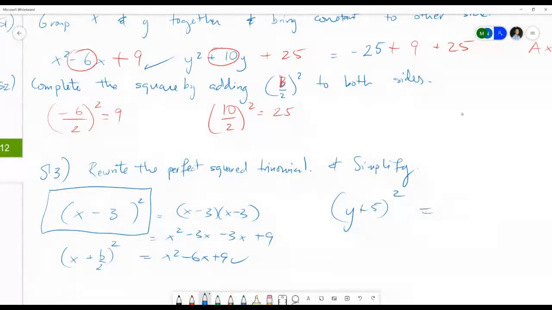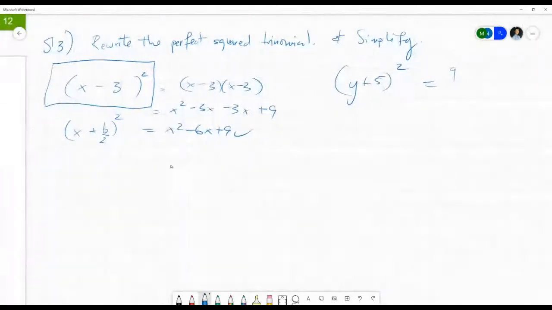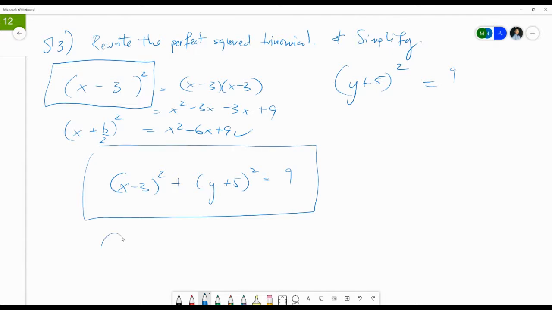On the other side, the negative and positive 25 cancel. I get 9. All right, so the last step here is put everything together. x minus 3 squared plus y plus 5 squared equals 9. And there's my equation. The center is at (h, k), so 3, negative 5. And my radius is the square root of this, which is 3.